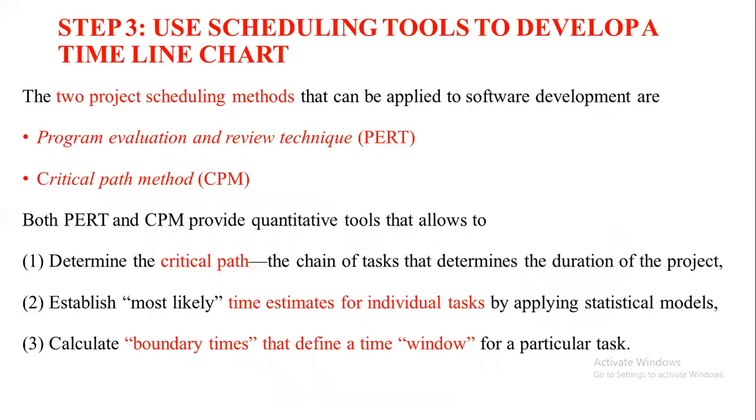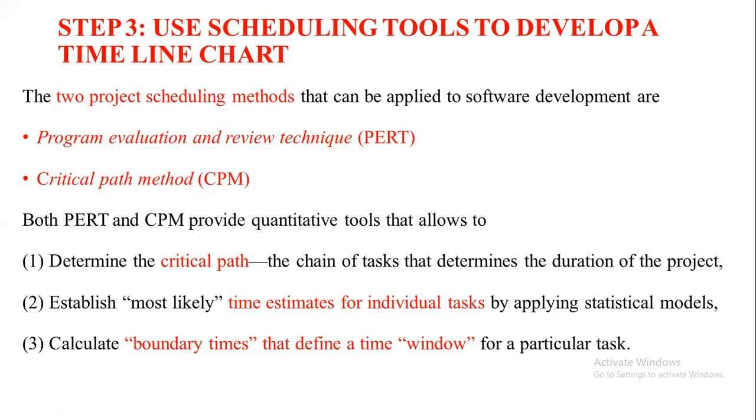And we may use a path called the critical path. That is, from the start to the end of the project, we may follow a particular path where we can get the work done earlier. That path we call the critical path.